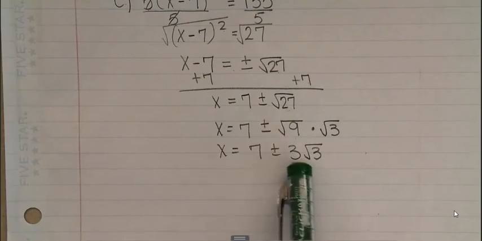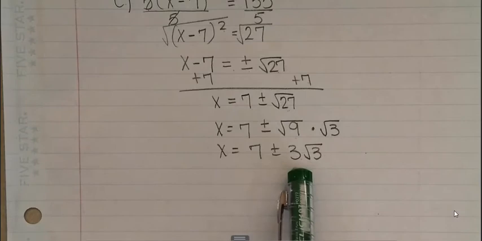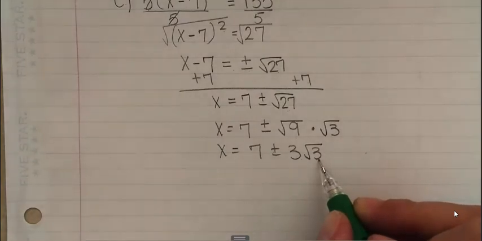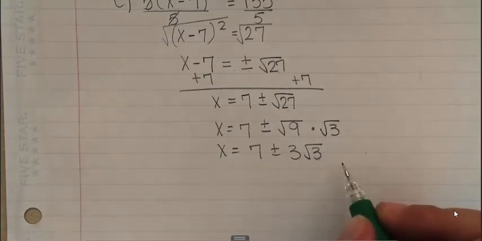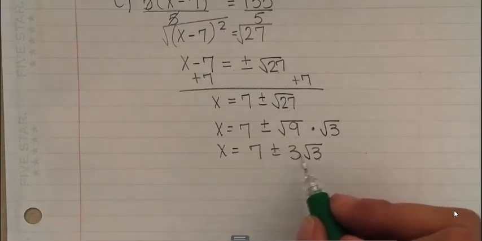So right now, you can leave it in this form, but in another section or two, you're going to have to graph this, and you're going to have to know, well, where exactly is this? So it's important to realize that the square root of 3 is somewhere between 1 and 2, right? Because it's somewhere between the square root of 1 and the square root of 4. So this is 7 plus 3 plus.